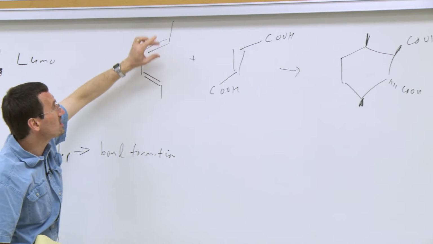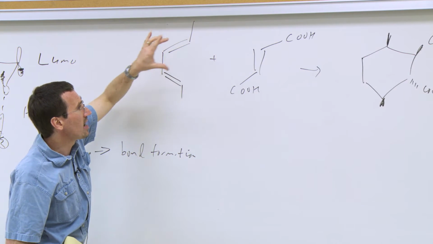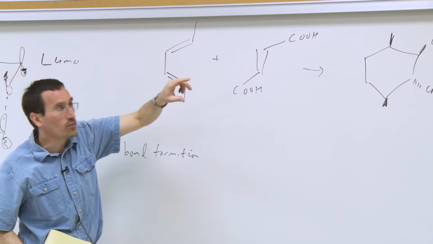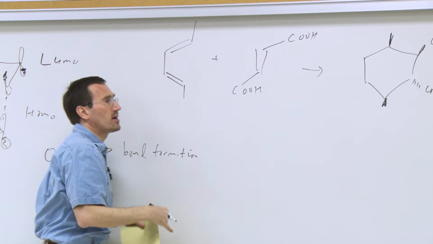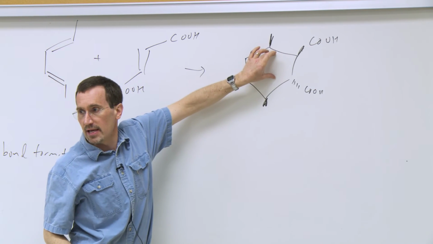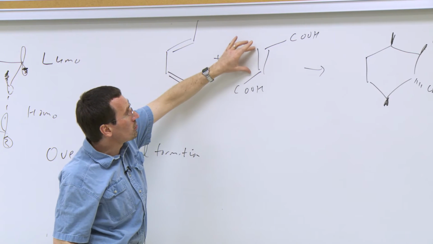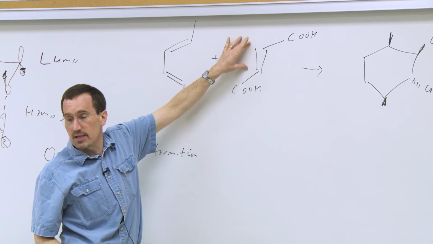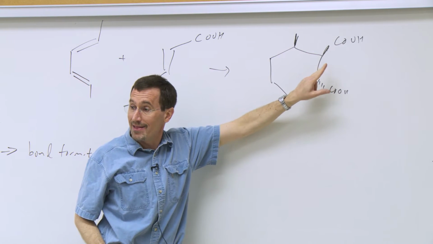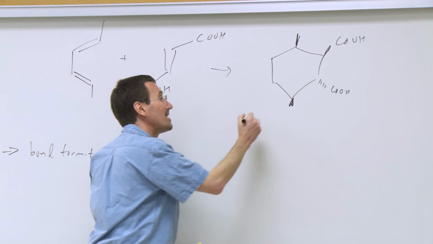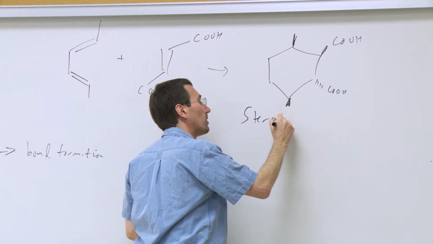In other words, these 2 methyl groups end up on the same side of the ring. The 2 hydrogens, which I haven't drawn here and here, end up on the same side of the ring. Your 2 trans substituents on your alkene end up trans. And this is really important because this is stereospecific.